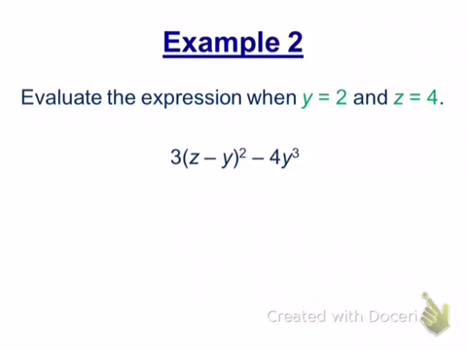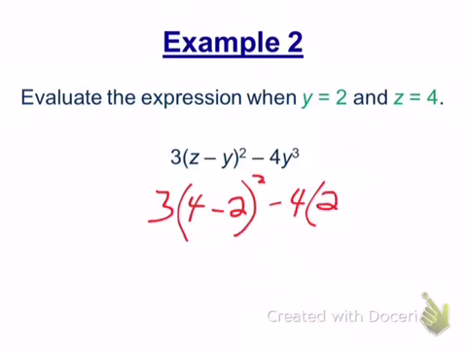The first step always is to make the substitution. So we'll have 3 times 4 minus 2 squared minus 4 times 2 cubed. Then we'll follow the order of operations.